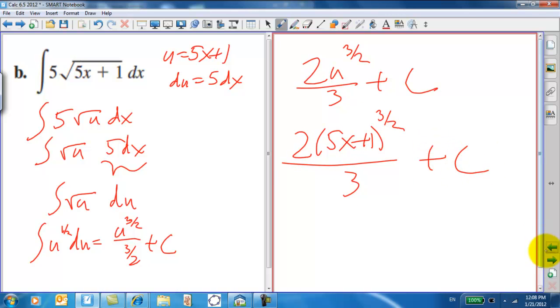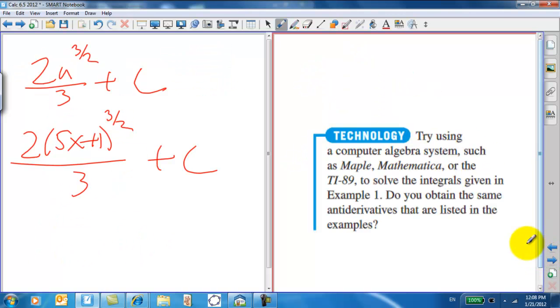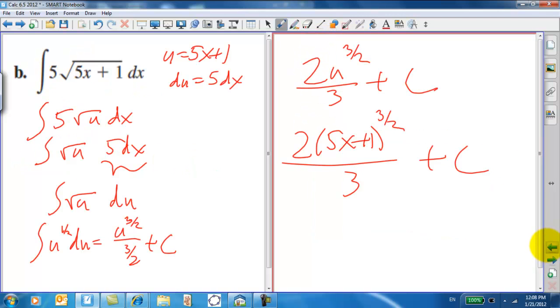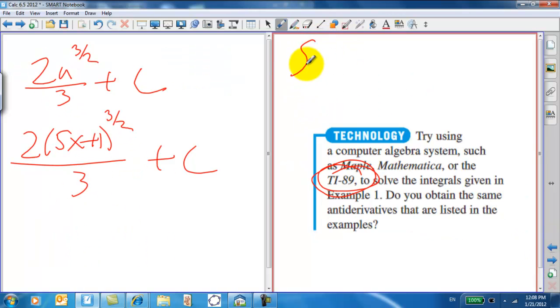Now you can always check these by taking their derivatives. And also you can check them with your TI-89. And here's the trick for the TI-89. On this last one, with your integral of 5 square root of 5x plus 1 dx, you can say integral.